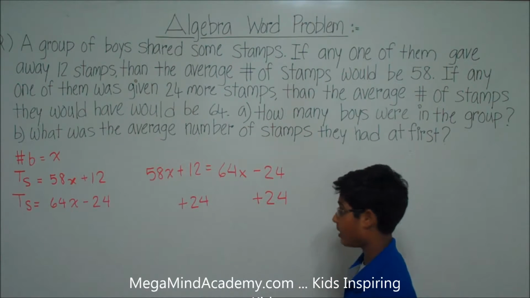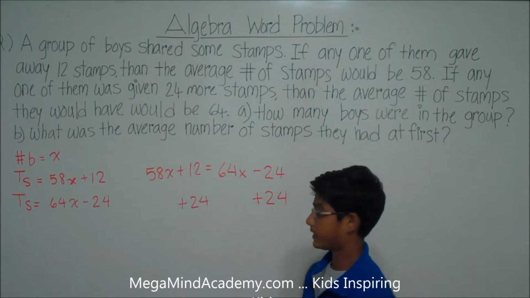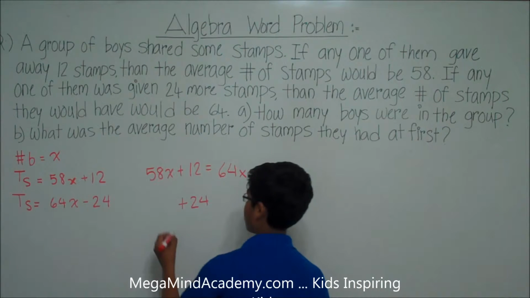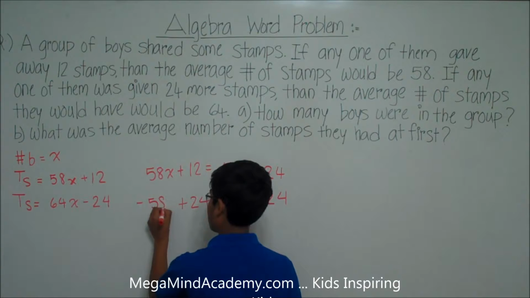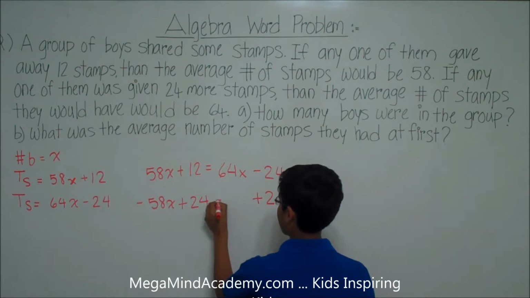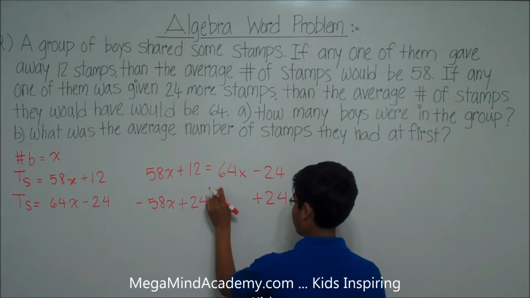We can get rid of the 58X from this side of the equation by subtracting 58X from both sides of the equation. So minus 58x and minus 58x.